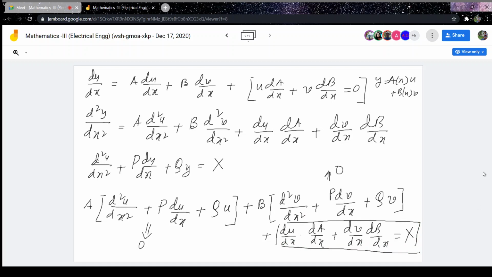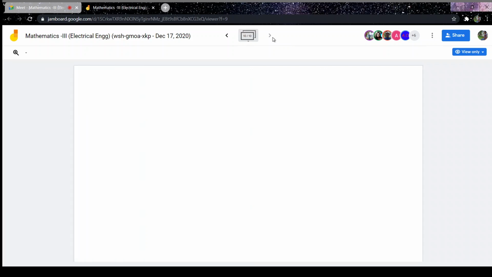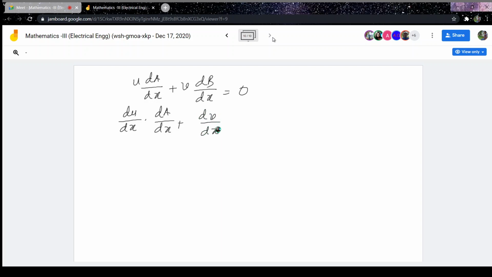So I have got two equations. One is u dA dx plus v dB dx is equal to 0, and another is du dx dA dx plus dv dx dB dx is equal to x.